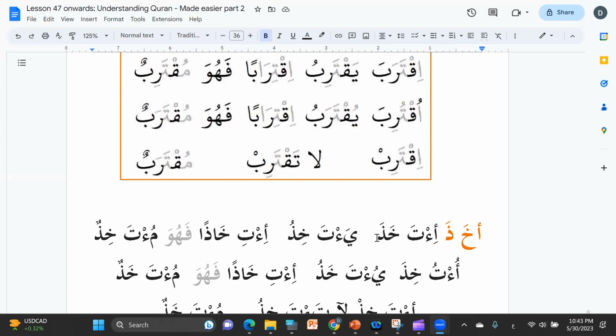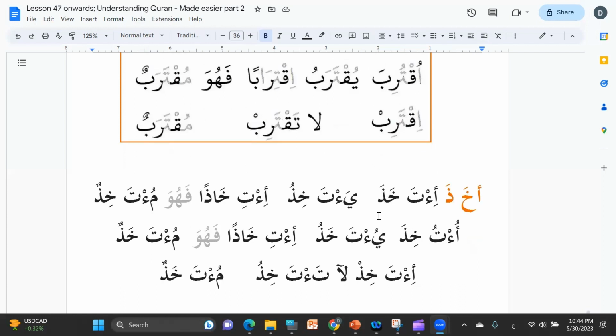And in present tense, we have yattakhizu ittikhazan fahuwa muttakhizun. So what do the grammarians do?